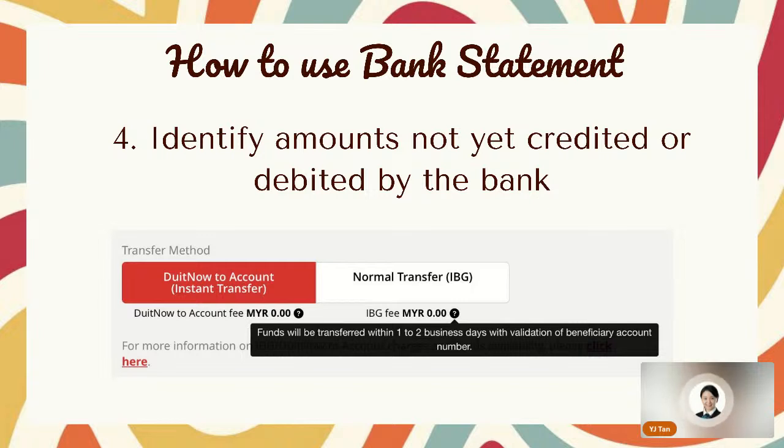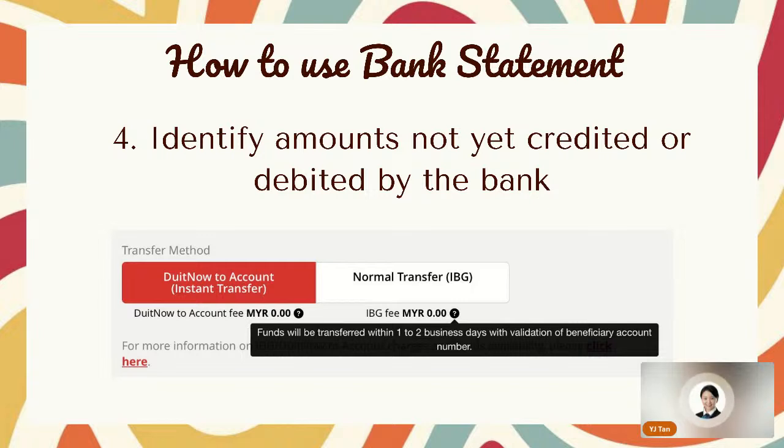And nowadays, in terms of bank transfer, for example this normal transfer, what we call IBG, as you can see, I purposely screenshot the definition for you. It takes about 1 to 2 business days, what we call working days, for the amount to appear in your account.